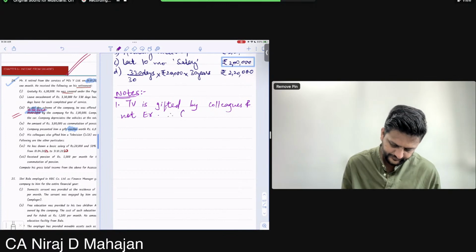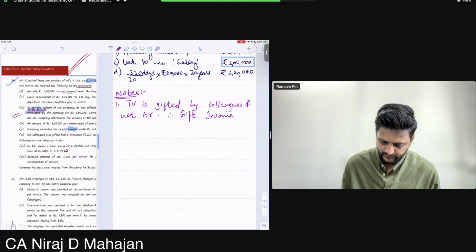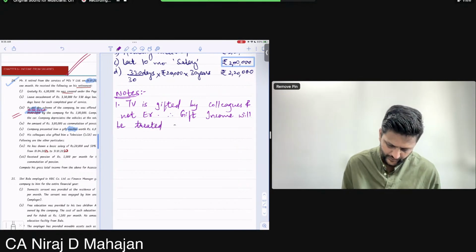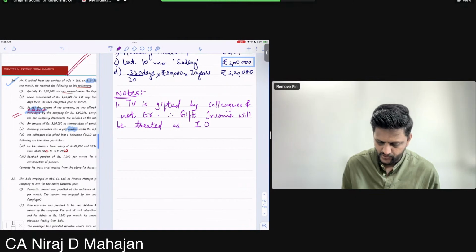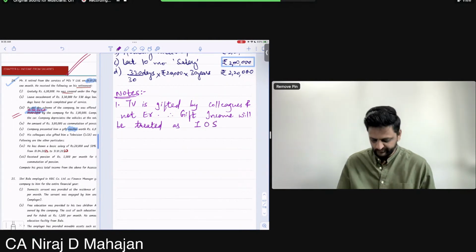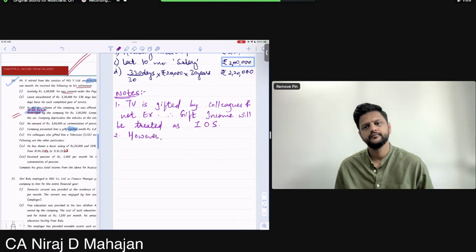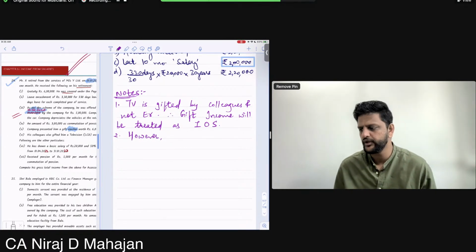Therefore, gift income will be treated as income from other sources. Full stop. Second point. However, TV, what do you say? Movable or immovable?